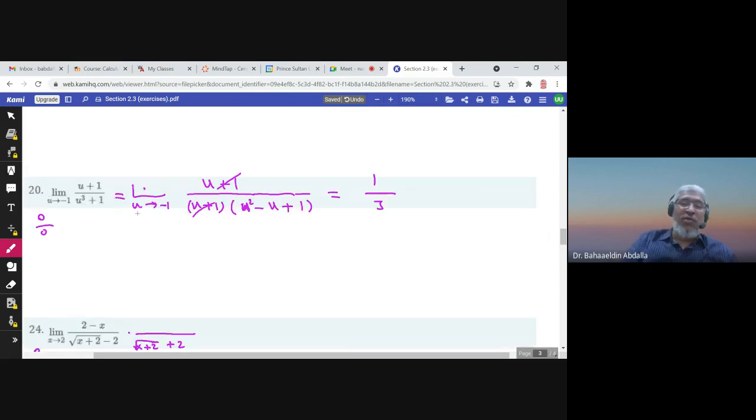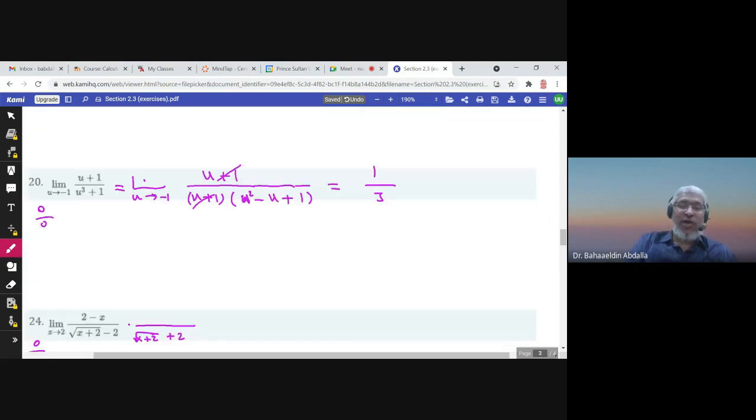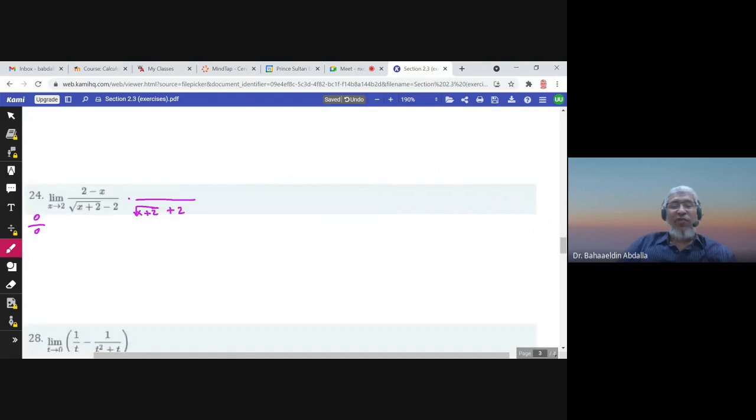We need to use this formula. If we have u minus v, the conjugate is u plus v. When we multiply them, we will get u square minus v square. So we will square the first term, which is this one, and square the second term. And when we square the square root, we will get rid of it.